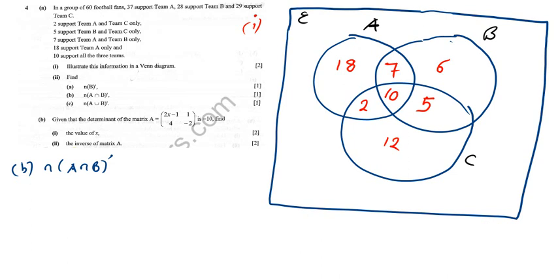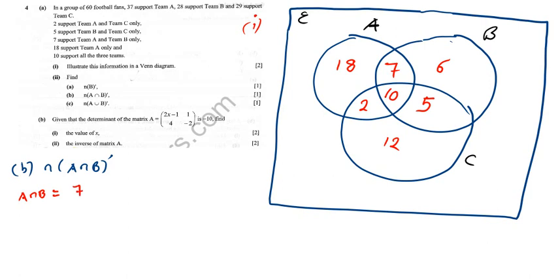We start with finding the A intersection B because that's what is in the brackets. So A intersection B, look for what is common, what is found in A and B. That's what is common in A and B, which is a 7. So 7 is our A intersection B.